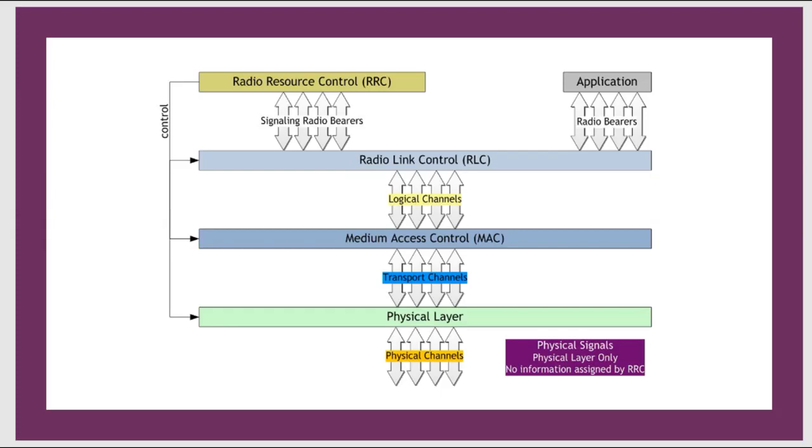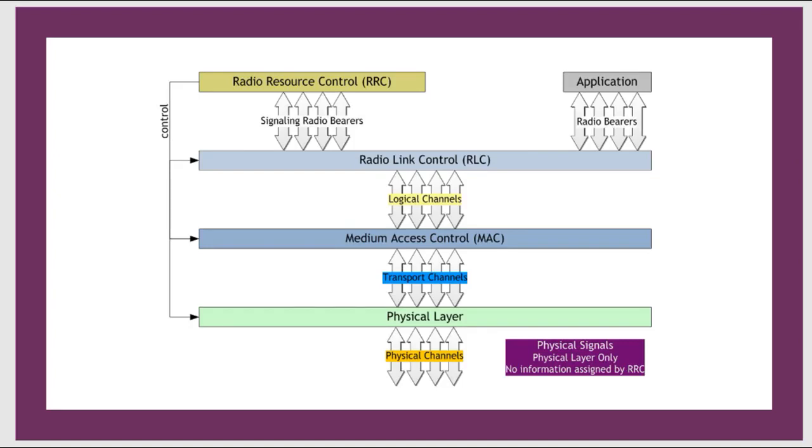Finally, these transport channels are given to the physical layer, and it is the responsibility of the physical layer to generate the signals that are carried over the air interface so that they will reach the opposite end via the physical channels.